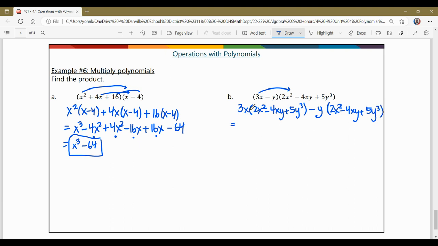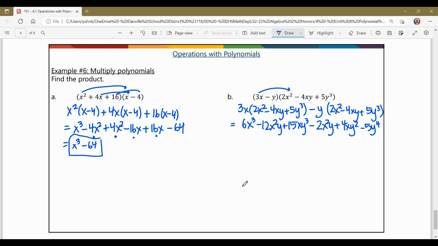All right, so distribute. That gives me 6x cubed minus 12x squared y plus 15xy cubed. Then distribute the y: minus 2x squared y plus 4xy squared minus 5y to the fourth.